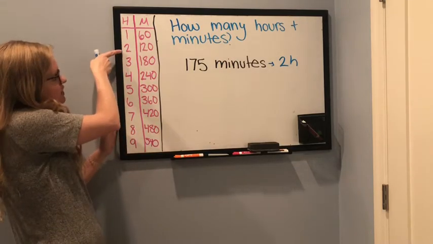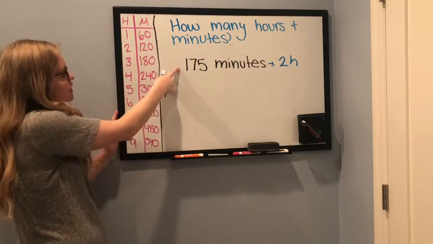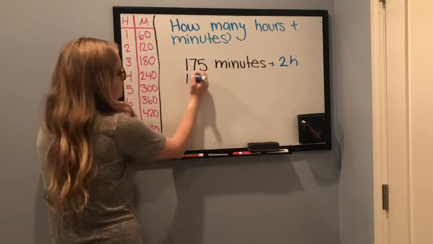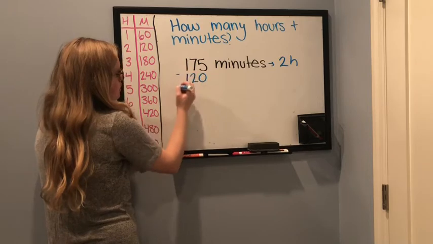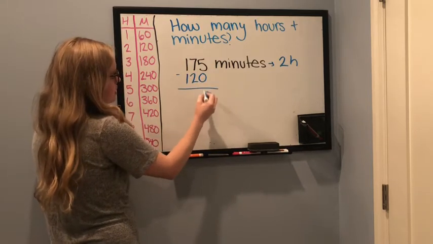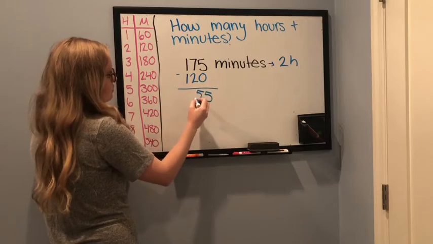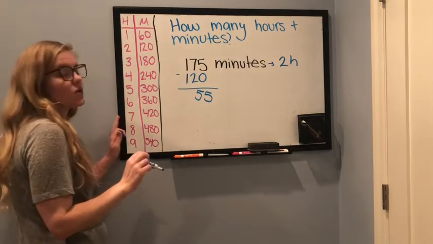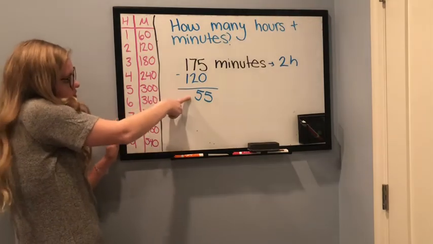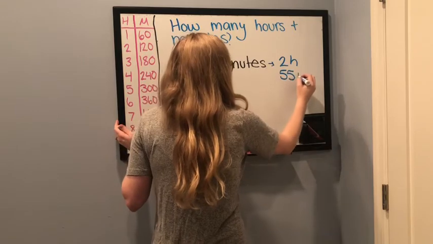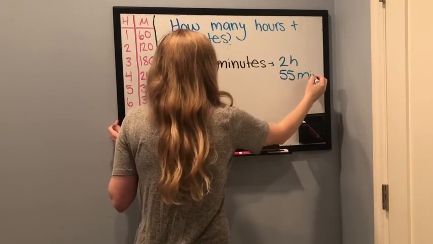Now, we need to find the difference between 175 and 120. So 175 minus 120: 5 minus 0 is 5, 70 minus 20 is 50, 100 minus 100 is 0. So we have 55 minutes left over, and our answer is 2 hours, 55 minutes.